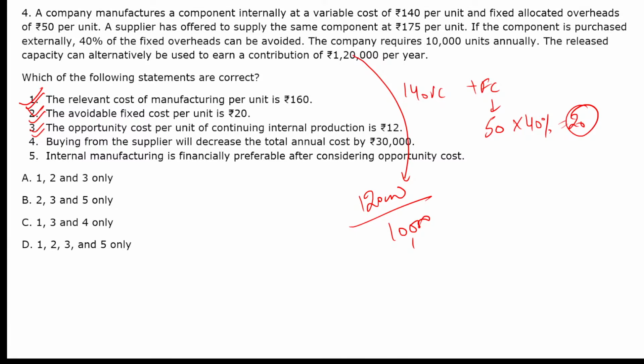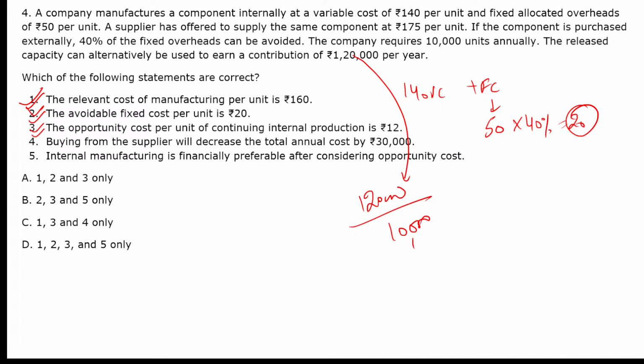Buying from the supplier will decrease the total annual cost by 30,000. Do you think this is correct? See, the buy price is 175. If you buy it from outside, it is costing you 175 rupees.